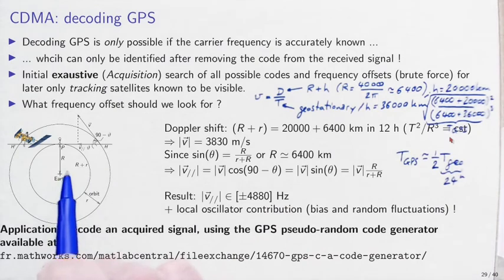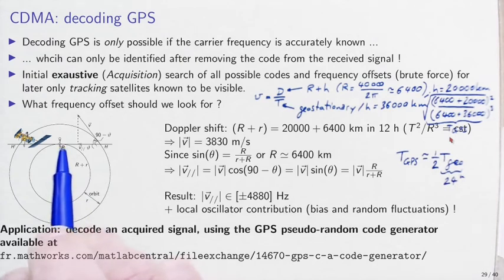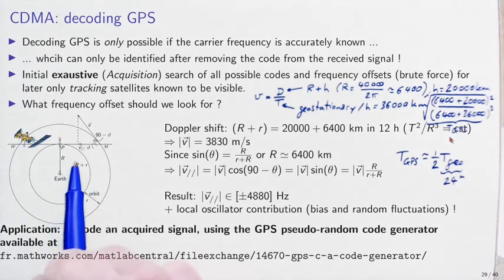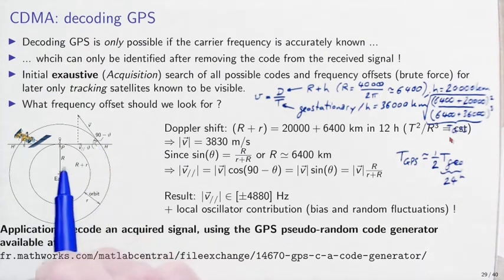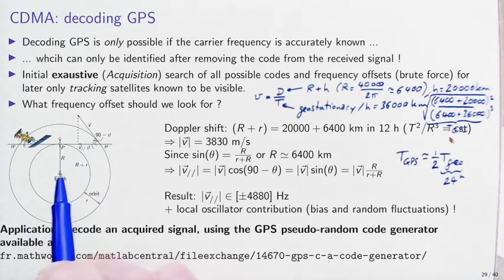So if we say that when the satellite rises above the horizon, the user is located at a distance r, the radius of the Earth, from the center of the Earth, and the satellite is located at a distance r plus the altitude h. So we have this angle here, which is related to the cosine of this r over here and the r plus altitude over here.